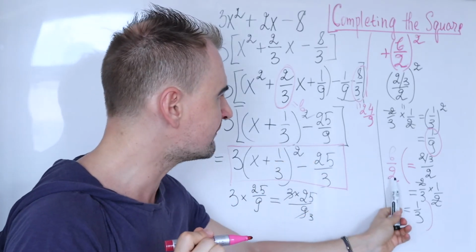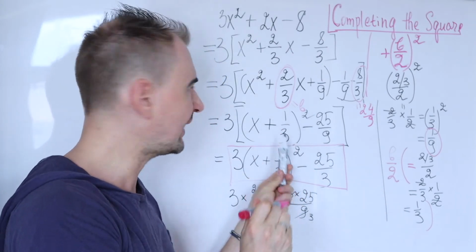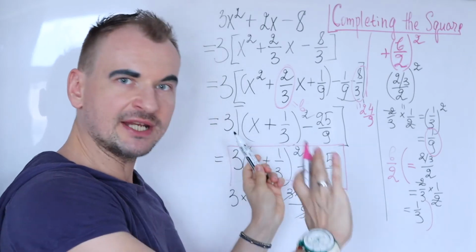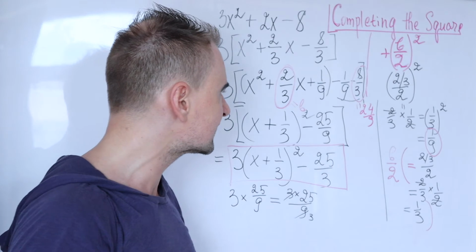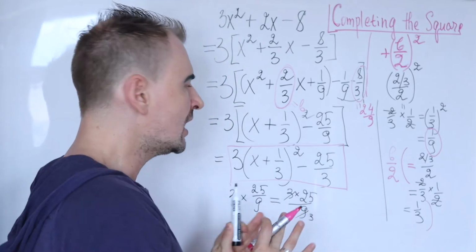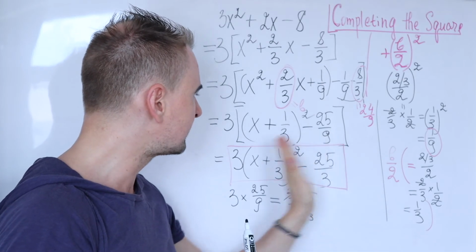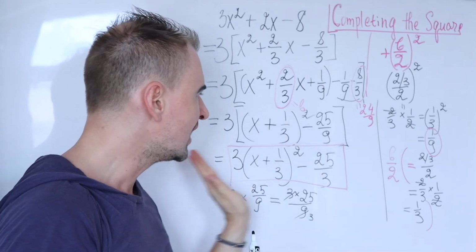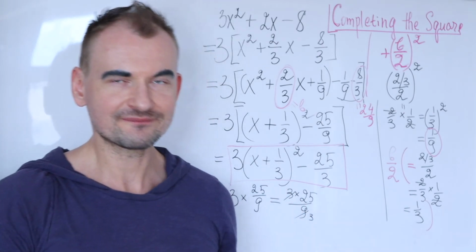Always half of the middle coefficient is going to be in your square over here. So clean it up, do some algebra, apply some basic algebra skills, and simplify it down. If you need to, in the last stage, you open up the parentheses and get your completed square form.